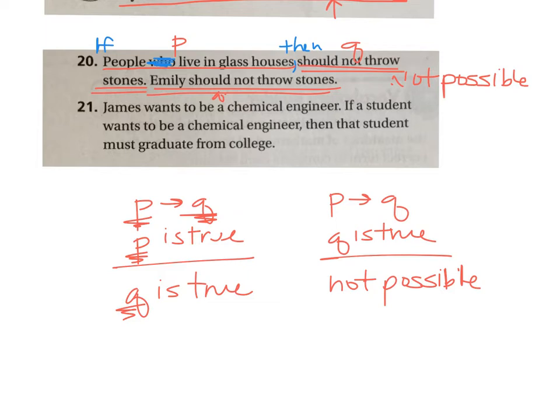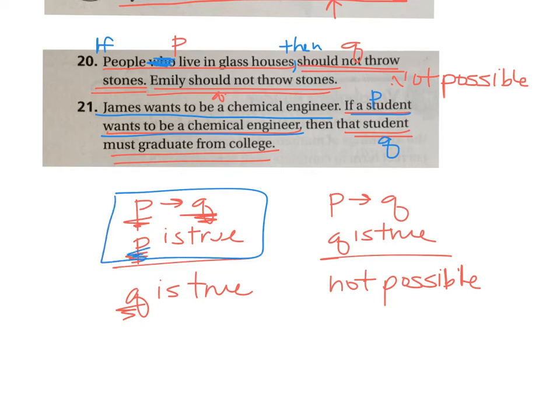If you look at the next one, it says if a student wants to be a chemical engineer, okay, so that's your hypothesis, then that student must graduate from college. So this is your P, this is your Q, and it tells you James wants to be a chemical engineer. Well, that was the P portion, right? So I told you if P then Q, and I told you that the P portion, the hypothesis, was true.